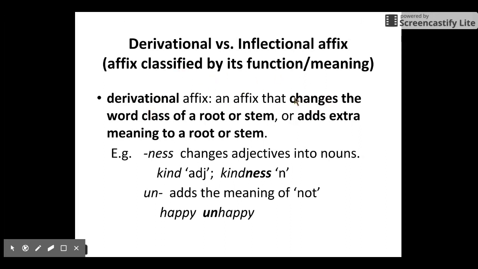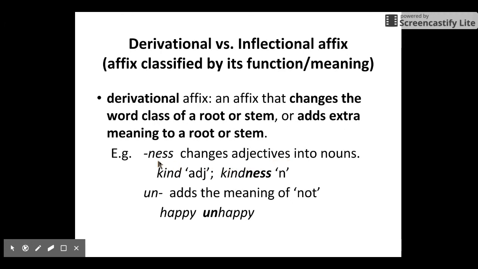From this perspective, we have two types of affix as well: derivational and inflectional affix. So a derivational affix is an affix that changes the word class of a root or stem, or it adds extra meaning to a root or stem.